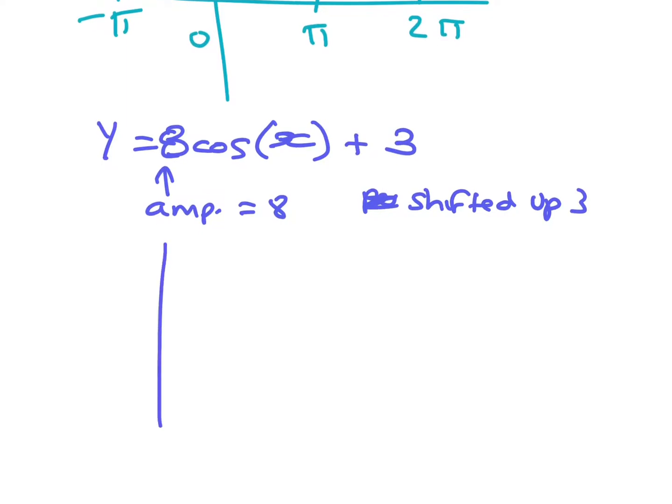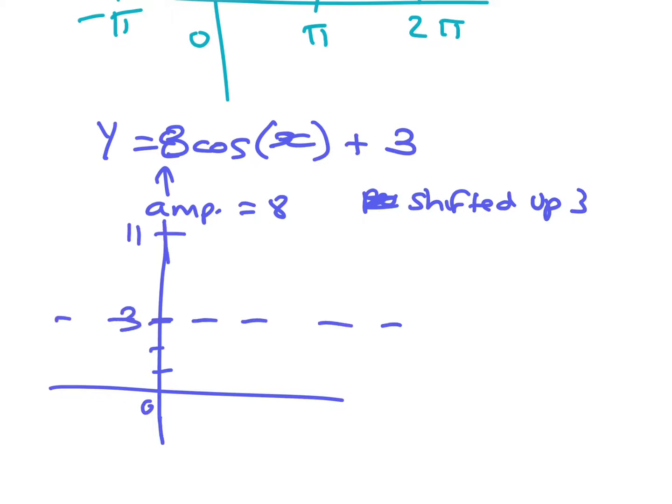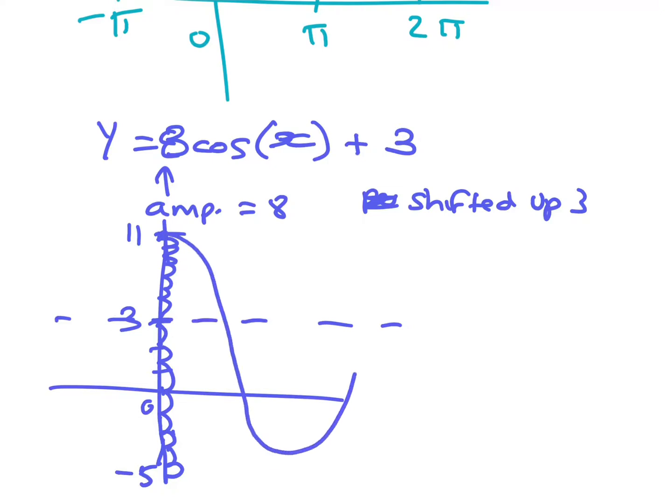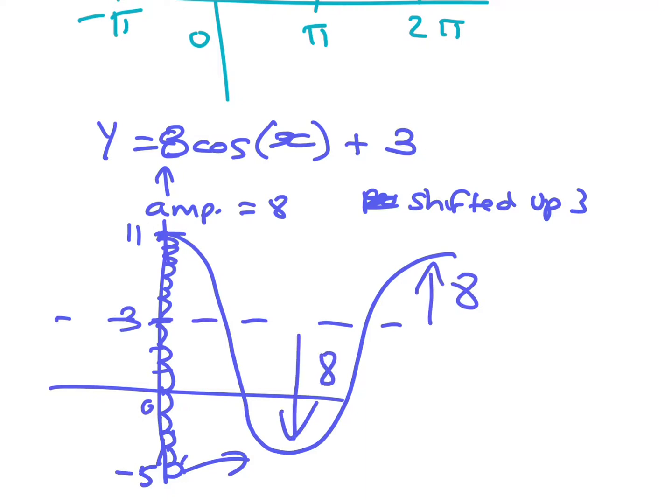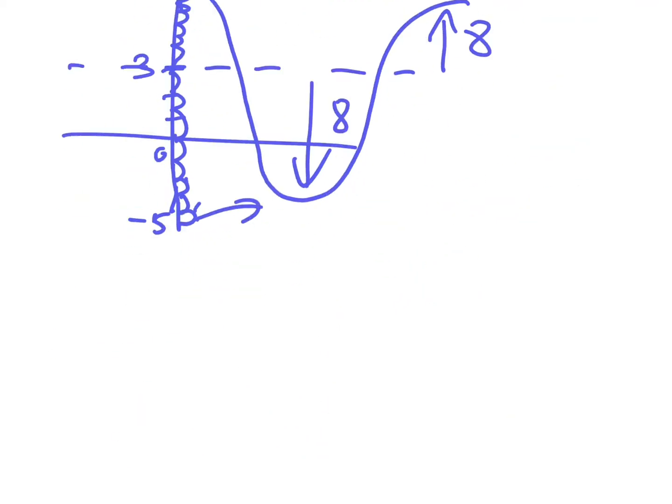So that means it'll go between, if you go 1, 2, 3, that's going to be that point, and you go up 8, so that's 11, and then you're going to go down 8, 1, 2, 3, and then 4, 5, 1, 2, 3, 4, 5, 6, 7, 8, so it's at -5. So it's your normal cos curve oscillating about that point, but it's got to go down to -5. And the amplitude here is 8, because it goes up 8 and down 8 around the central position that is there. Okay.